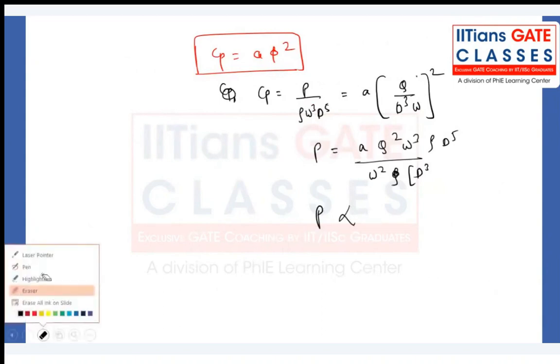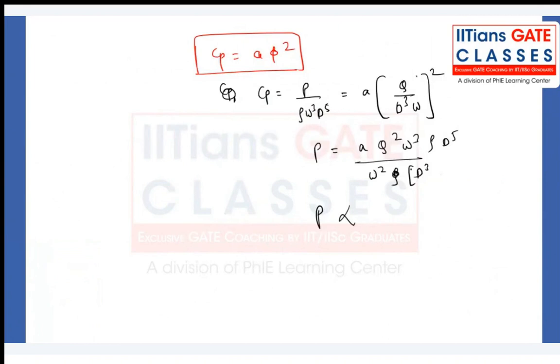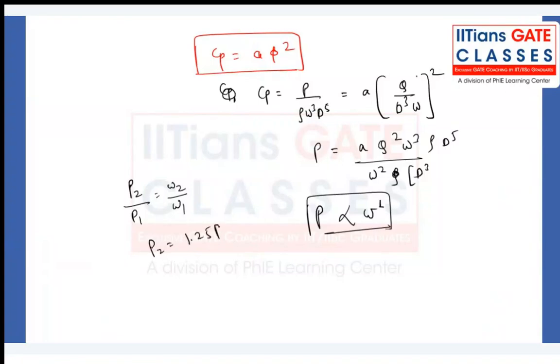Can we write power is directly proportional to omega from here? Check it out. So if you want to calculate P2 by P1, that is omega 2 by omega 1. When it changes, P2 is alpha times P, where alpha is 1.25.